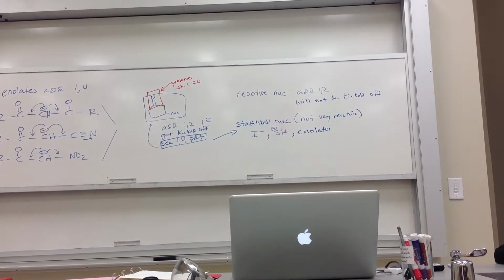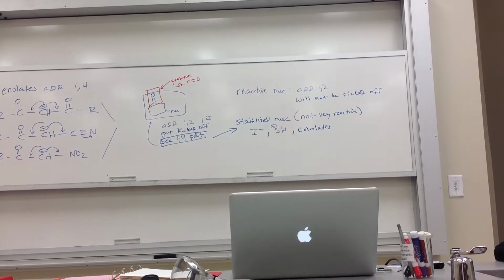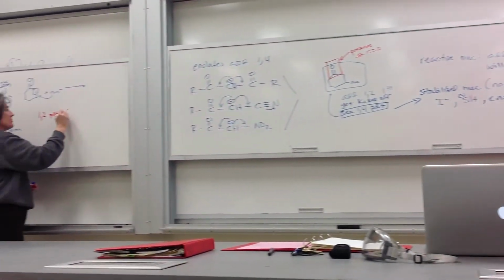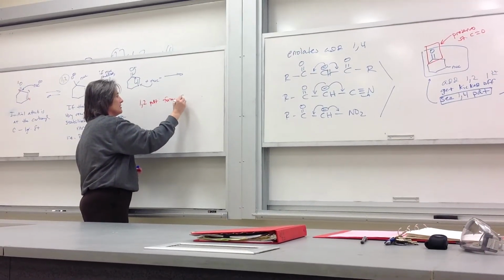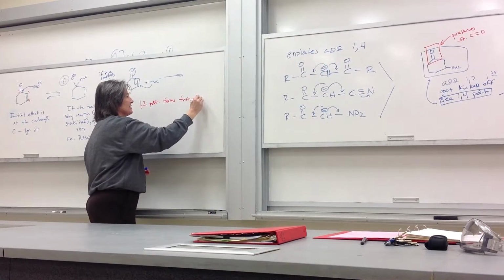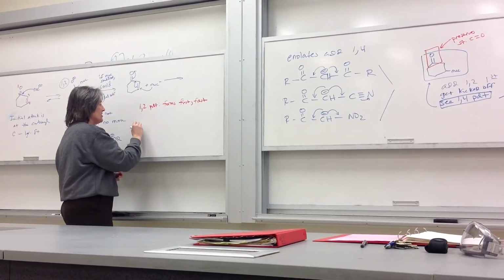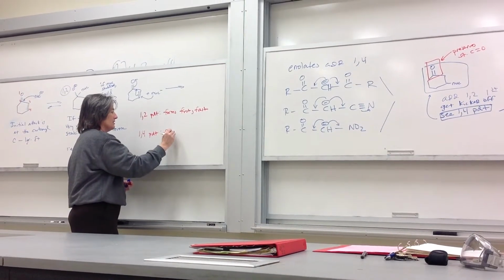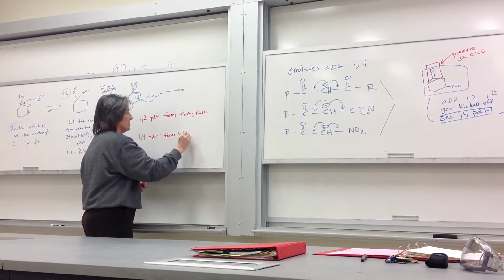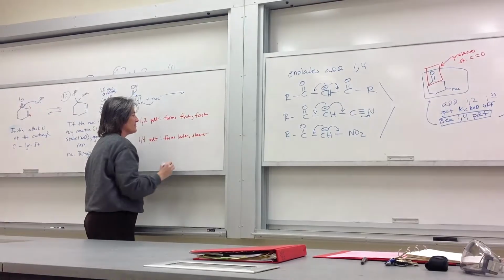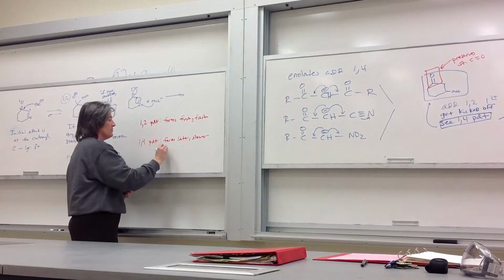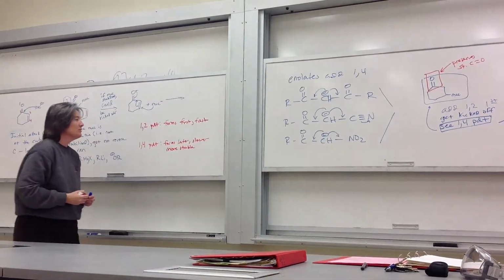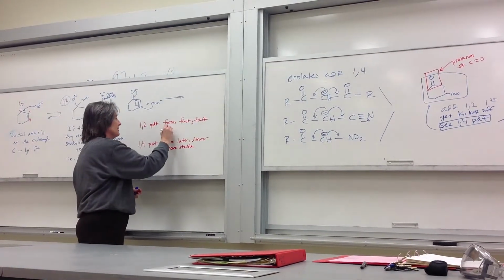So what we have is a 1,2 product which forms first, and it's fast. And then we have a 1,4 product which forms later, and it's a slower reaction. The 1,4 product is more stable. The 1,2 product's less stable.